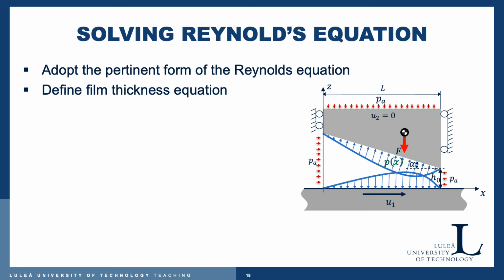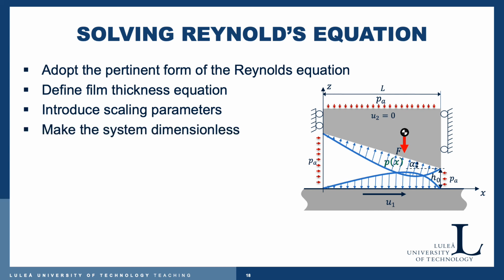Should we include or not any different geometries of the two surfaces? Is it a time-dependent problem? Will this change with time? Then we should introduce the scaling parameters, and we should make the system dimensionless. And then we should execute the force balance procedure to find the exit clearance.